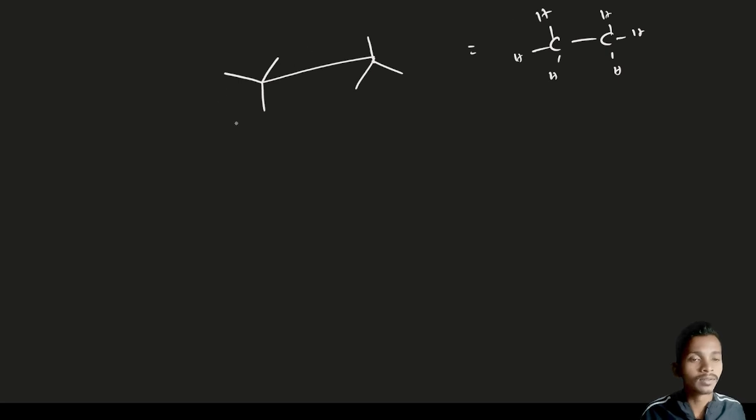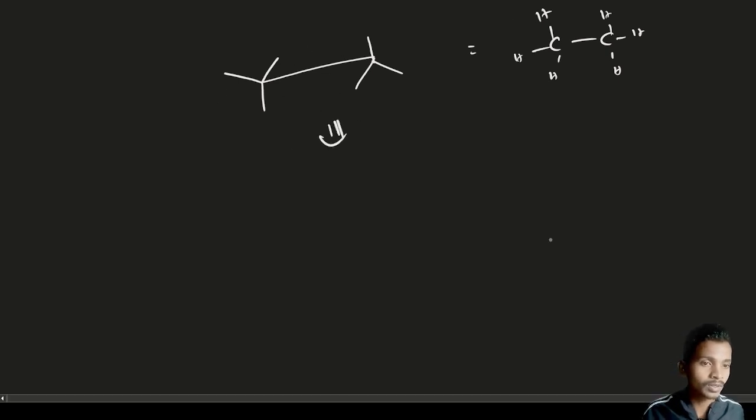I will draw this molecule in this form, and after that I will convert it into a Newman projection. The front is a straight Y, and the back is an inverted Y.